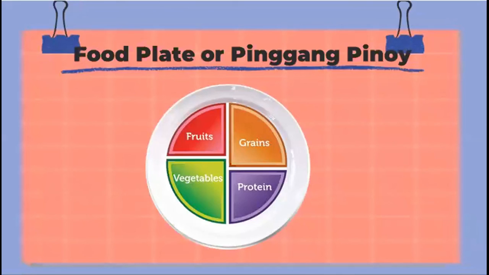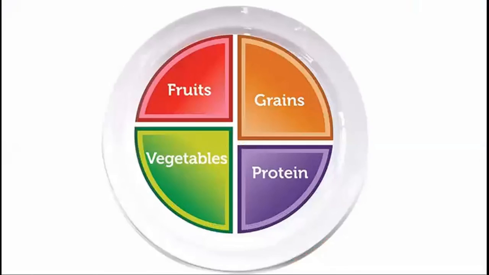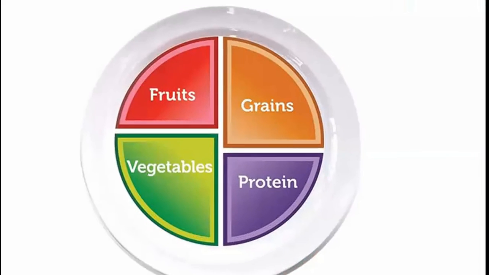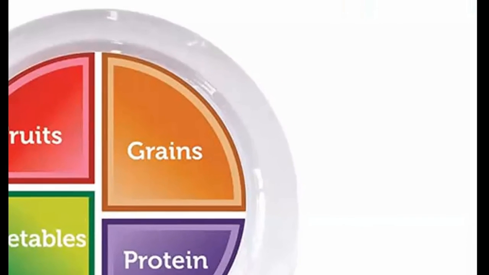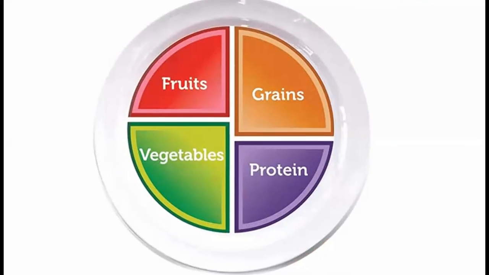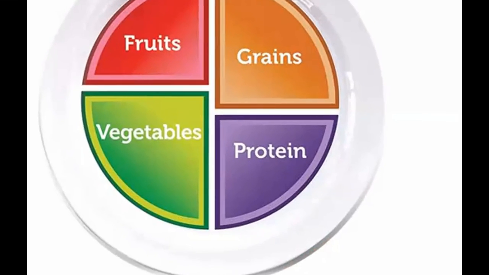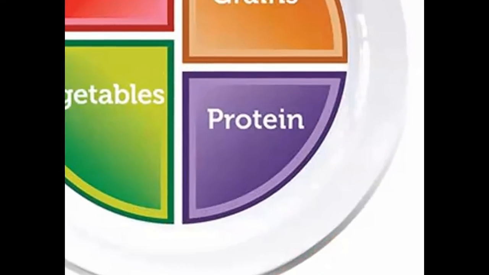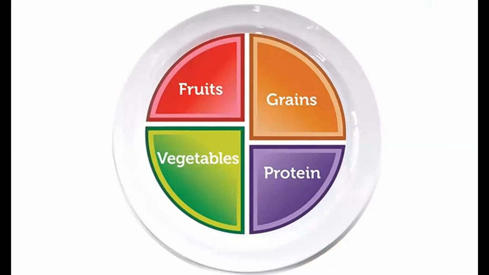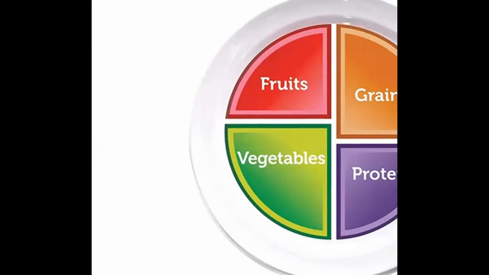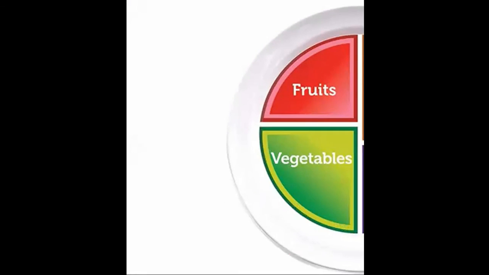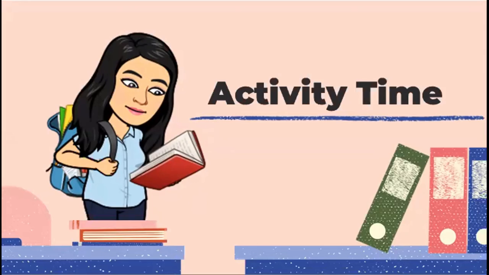So that's how you divide your food plate. 1/4 of your plate should contain carbohydrates or go foods. 1/4 should be protein or grow foods. 1/4 should be filled with vegetables and 1/4 should contain fruits. In short, half of your food plate is for glow foods.